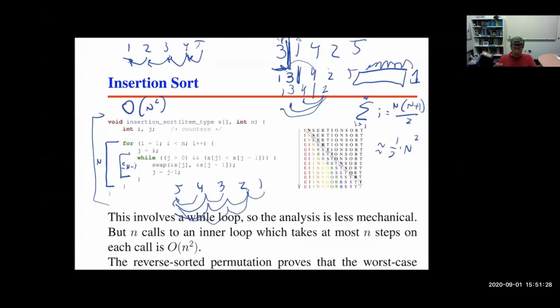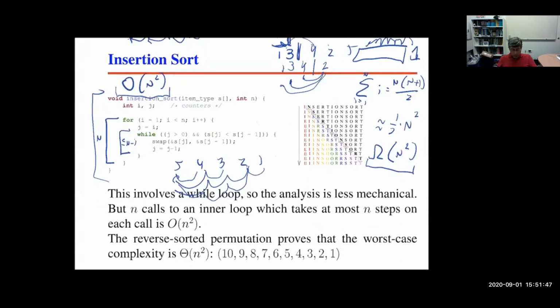If I know on that example it's going to take a half n squared comparisons, that means that it's going to be omega of n squared. If I know that the worst case running time is O of n squared and it is also omega of n squared, therefore it's got to be theta of n squared.